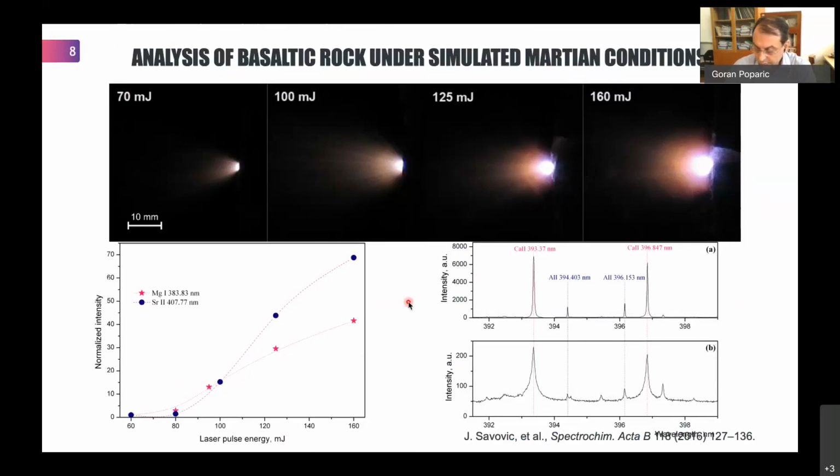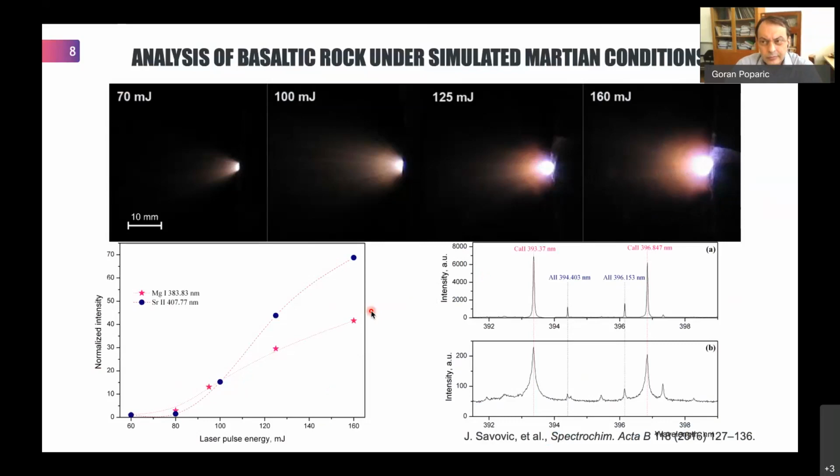We also measured intensity by the time integrated method. What we can see is that with increasing energy, we have increasing line intensity, both for the atomic and ionic lines.